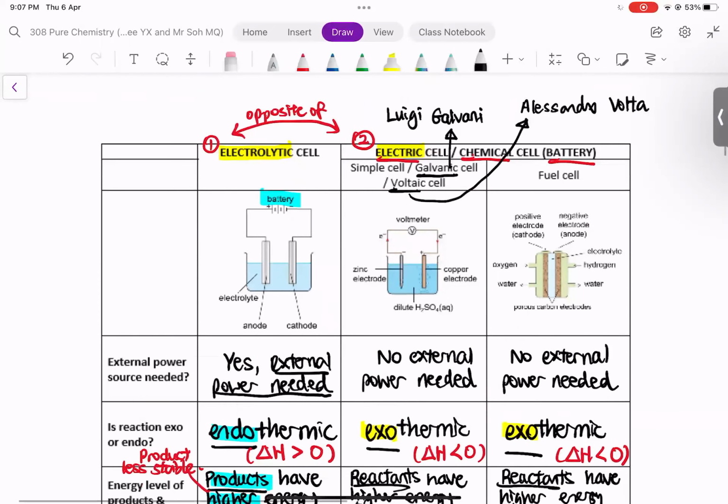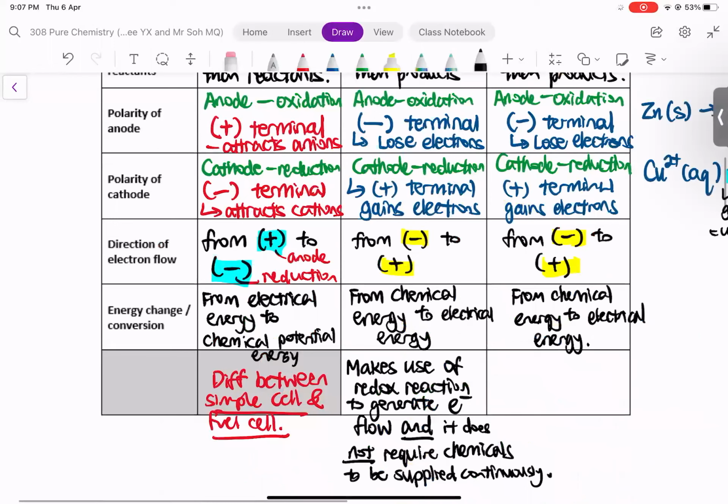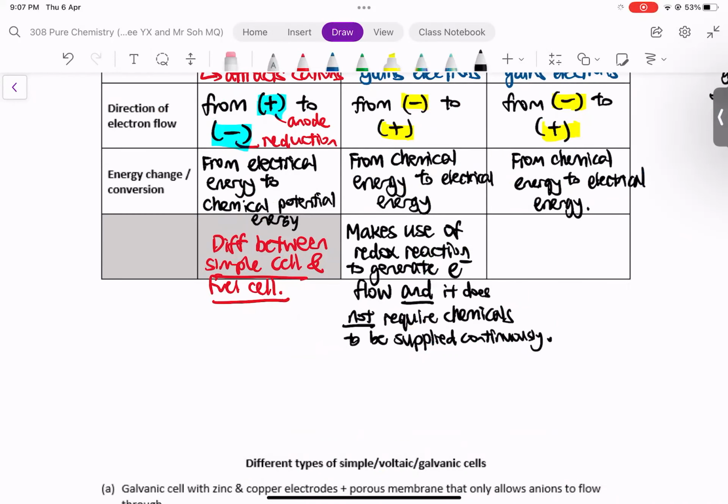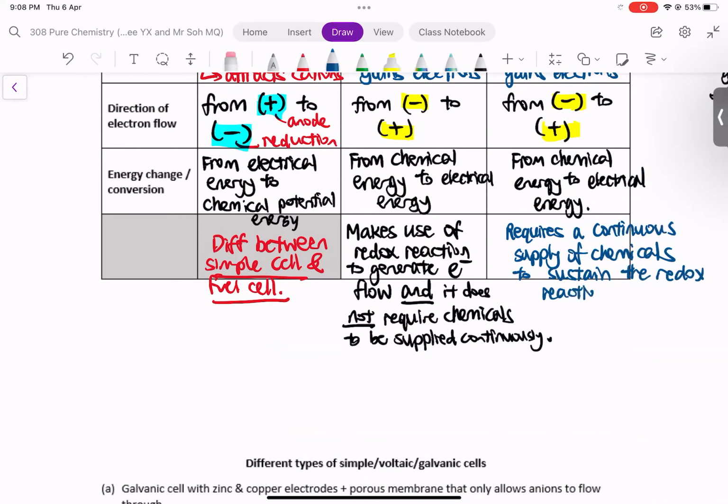However, for a fuel cell, it also makes use of redox. However, it requires a continuous supply of chemicals to sustain the redox reaction to generate electron flow.